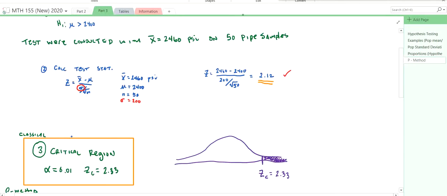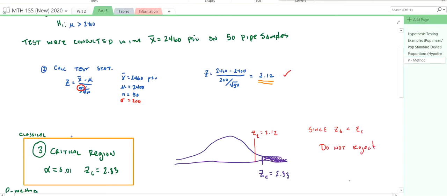Then we checked our actual Z value, our test value, and it was 2.12. So we concluded that for this right-tailed test, since Z test is less than Z critical, we do not reject.